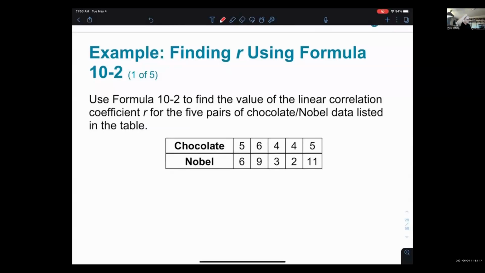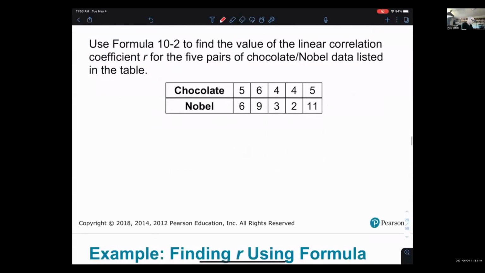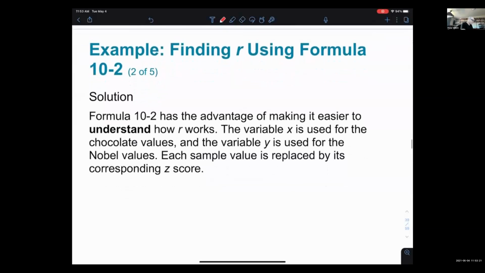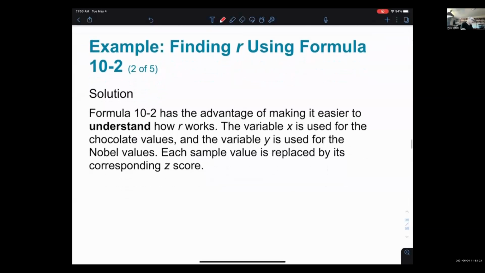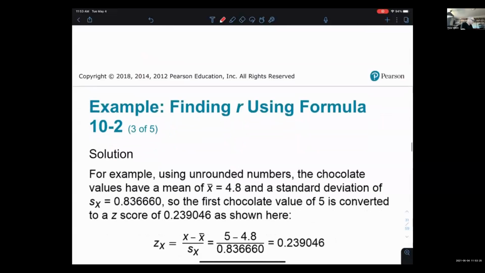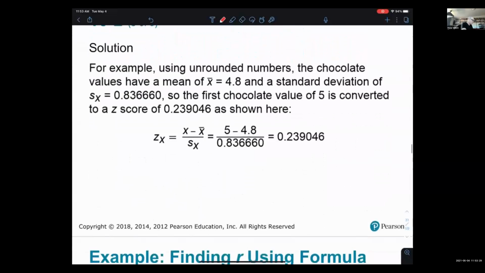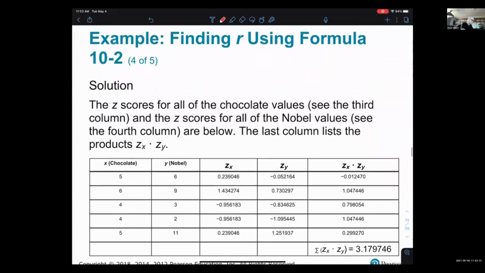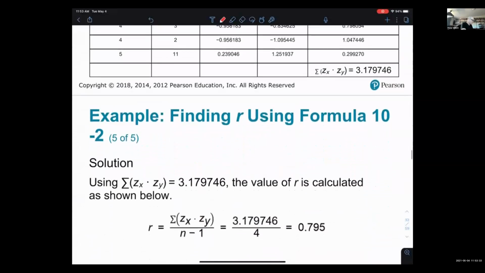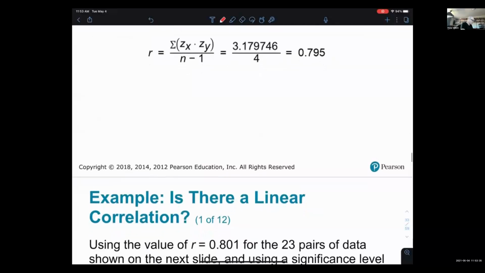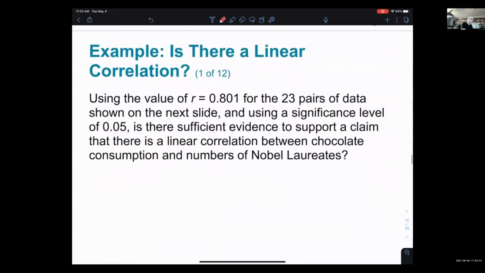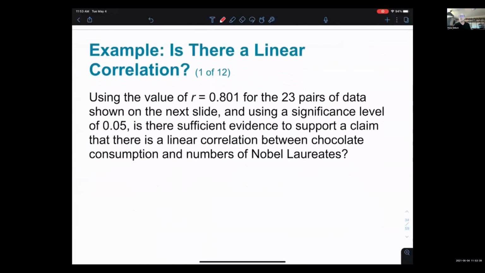So now it says finding R using a formula off of 10.2. It says it's easier to understand how R works if we go through all of this nasty work, we can get z-scores for X and z-scores for Y and make this table. And you can see I'm just moving through this because I want to make sure I've told you not to worry about all of that.